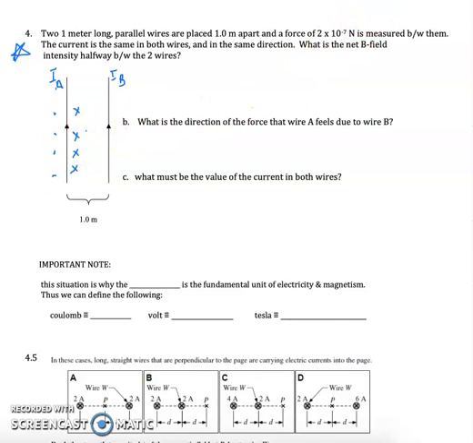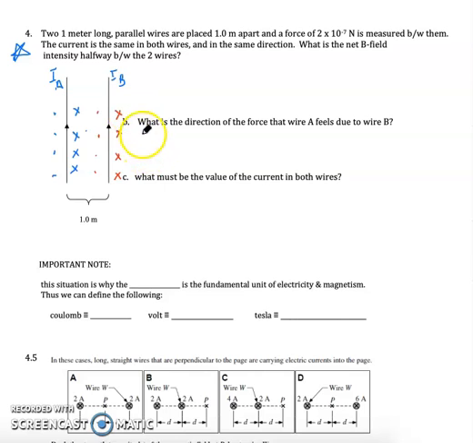Then if I do the same thing with the wire on the right, B, and again apply the right-hand rule, I will see I have dots on the left and X's on the right. So it's not too hard to figure out the magnetic field intensity halfway between. You have an equation for that, and so I'll let you work that out.